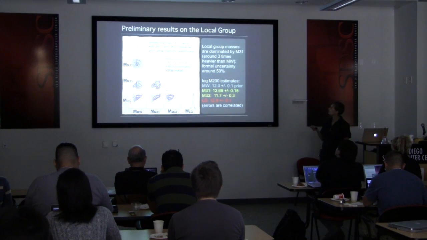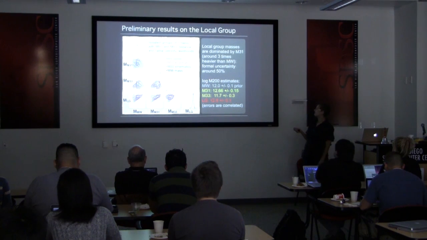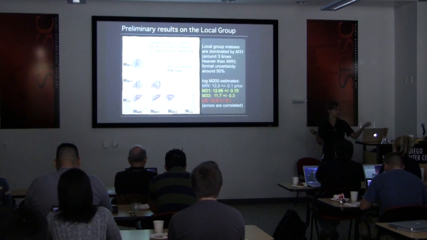So we look for groups of 3 halos, and then we weight them by M33 exists, M31 kinematics, M33 kinematics, and then we also see what happens when we add the constraint we got from the previous result on the Milky Way mass.